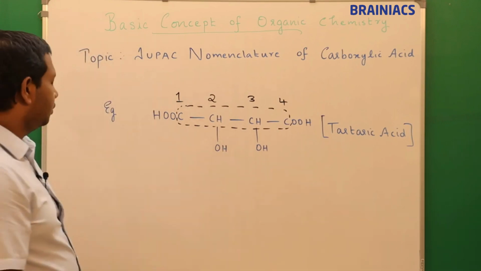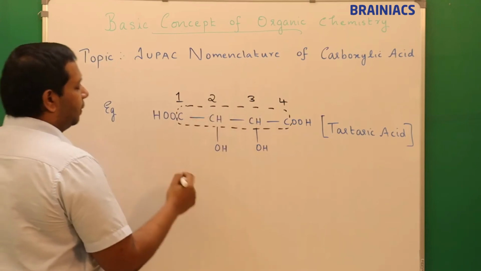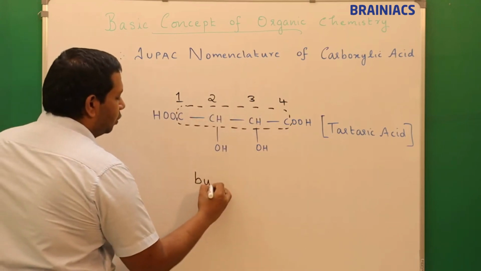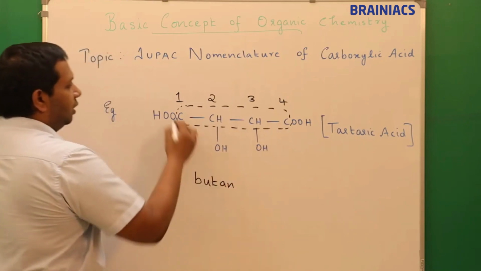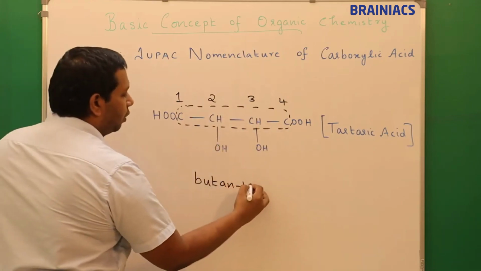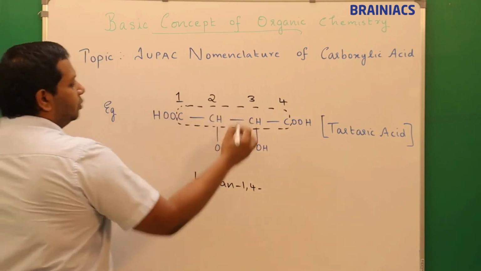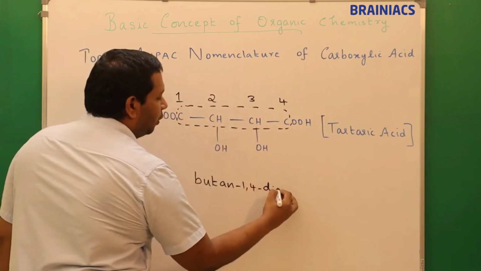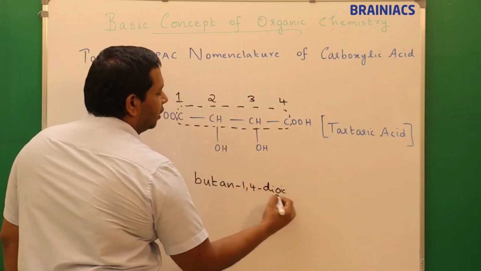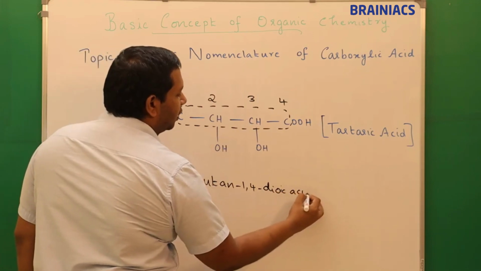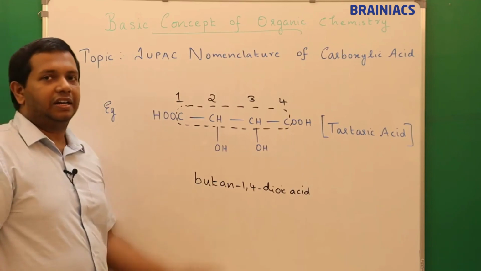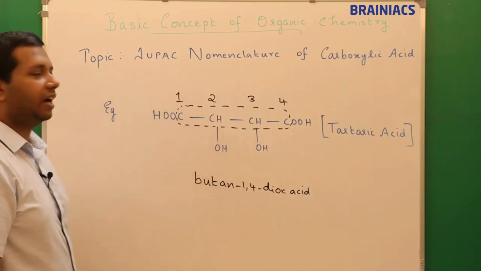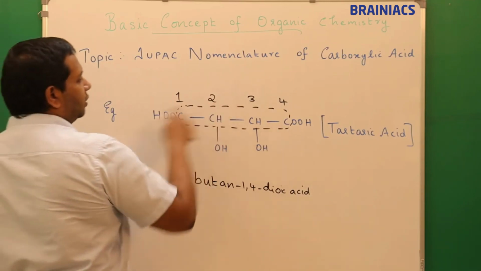I will start with the parent. The parent has 4 carbon atoms, so my word root is but. All are connected through single bonds, so I will say butane. Then 1 and 4: butane 1,4, hyphen, 2 are there, so dioic acid. Now is that complete? No, I didn't add the secondary prefix.